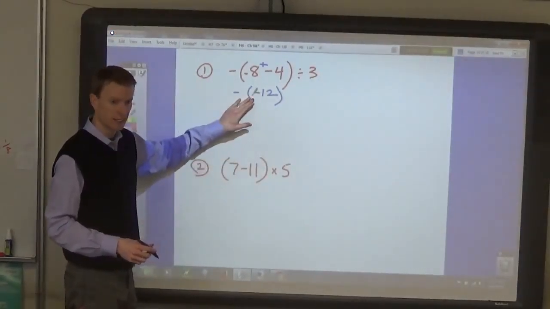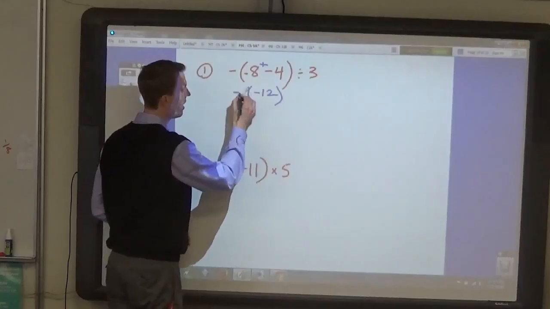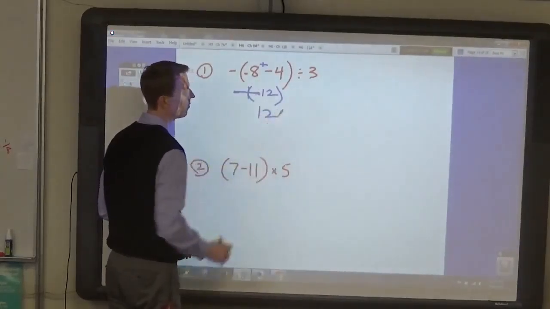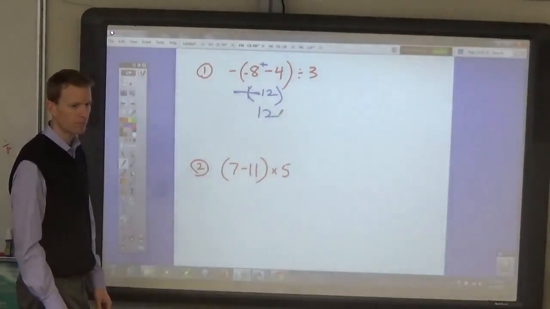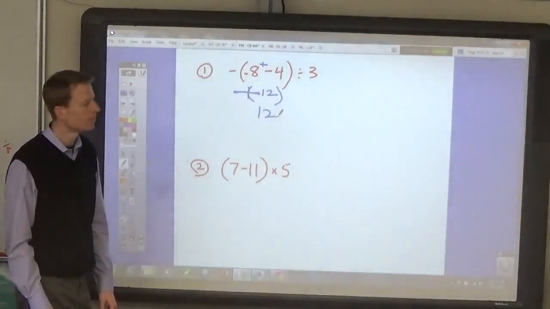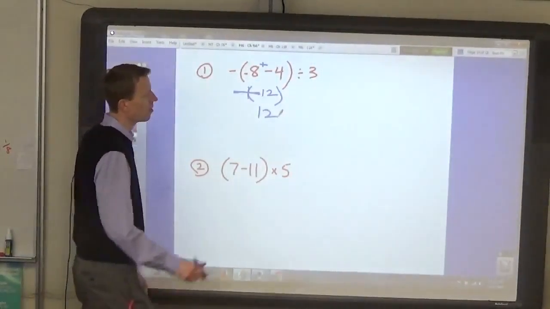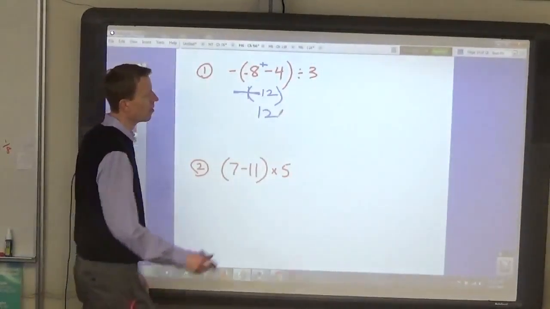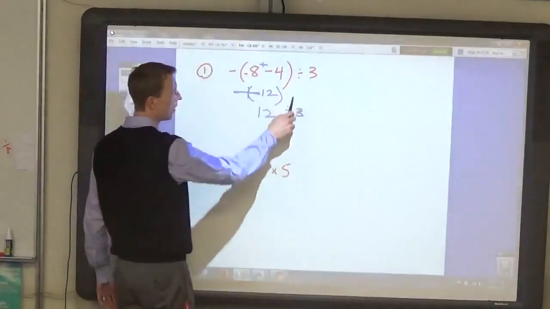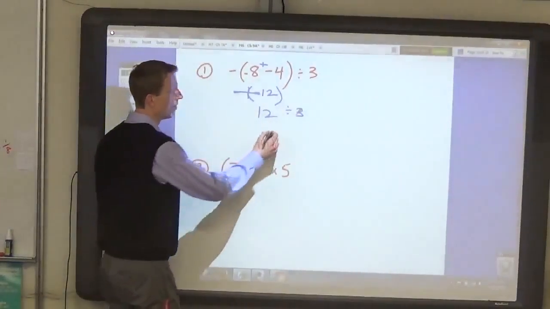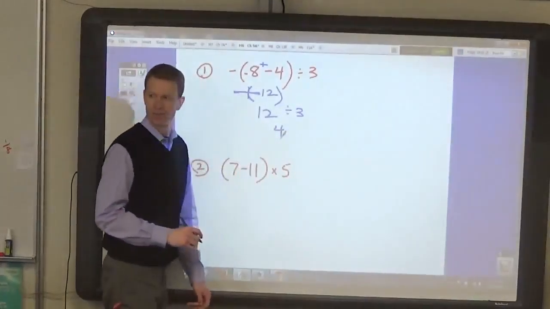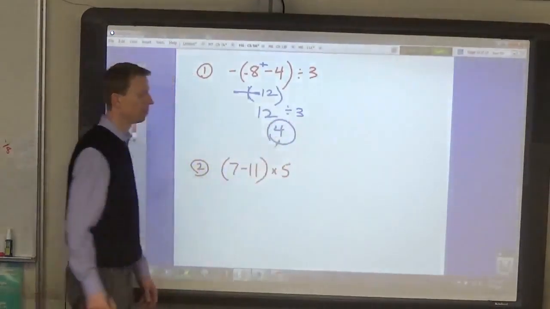It means plus. So this is actually a positive 12. Then divide by 3. So bring that down, we do that last. Divide by 3, what is that? 4. Circle the 4 at the bottom.